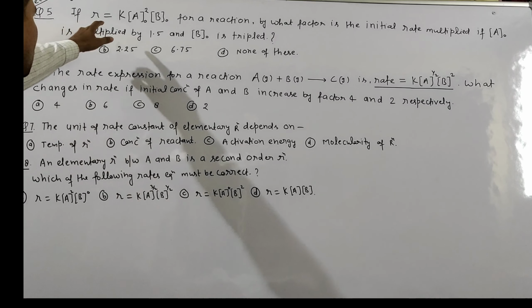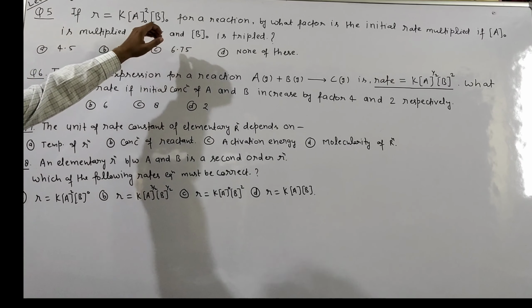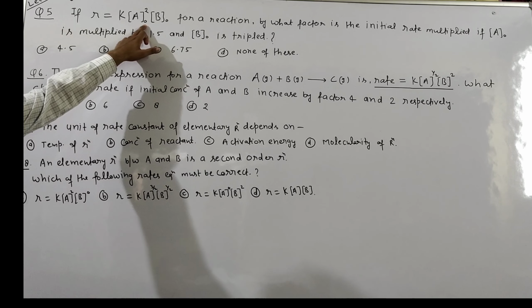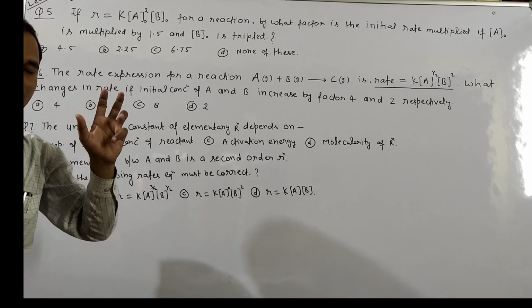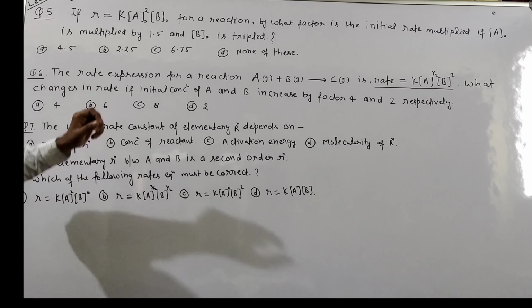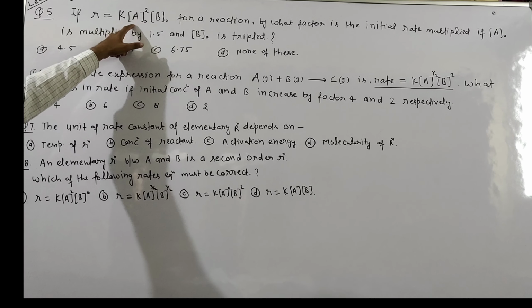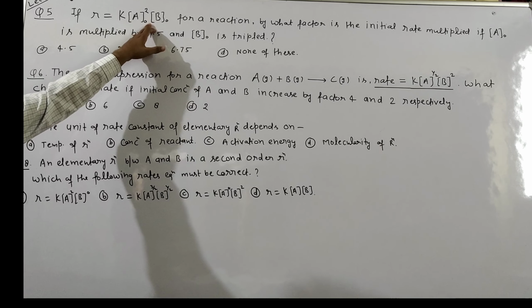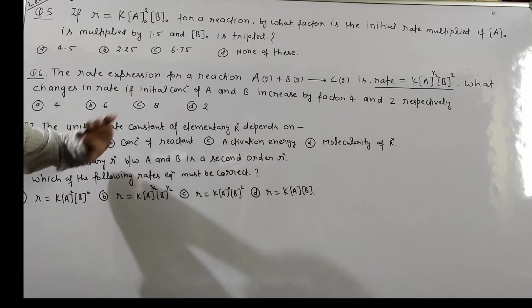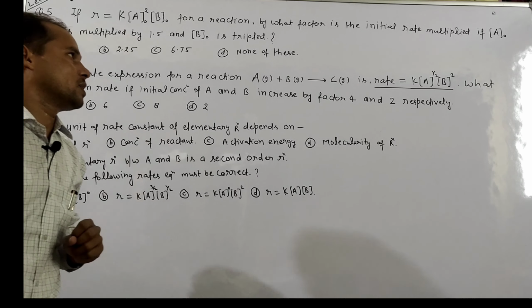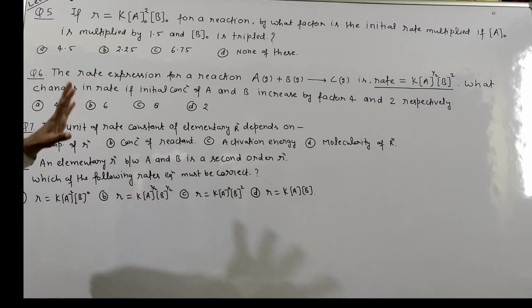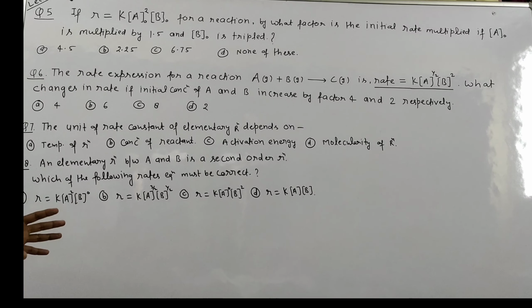If rate r equal to k, A naught to the power 2 and B naught to the power 1. Here the naught sign indicates the initial concentration of the reactant. If there is no power given, then we just consider the power 1. For this reaction, by what factor is the initial rate multiplied if A naught is multiplied by 1.5 and B naught is tripled?